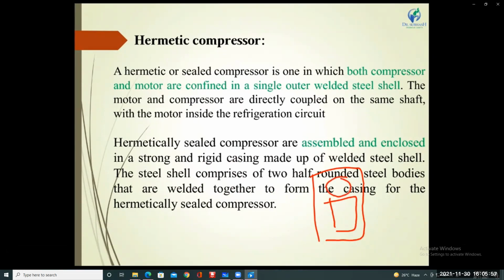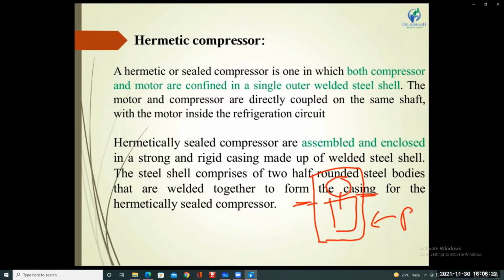We mount it within the shell with connectors to the motor, which gives the rotary motion to the compressor, and all of these are welded with the shell divided into half portions. This is called a hermetically sealed compressor, where the outer pressure and inside pressure do not affect it.